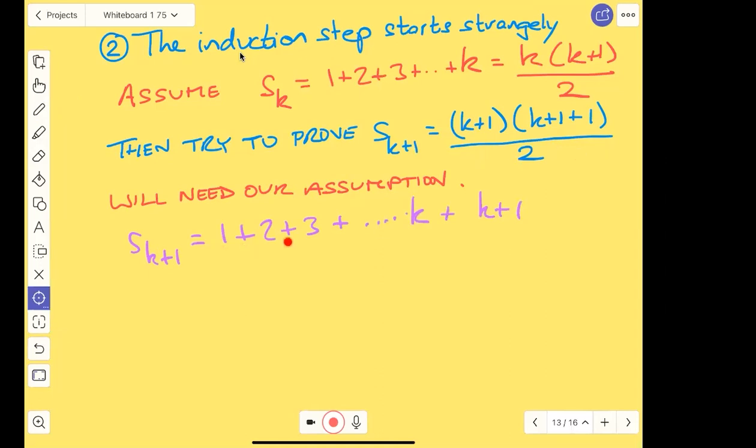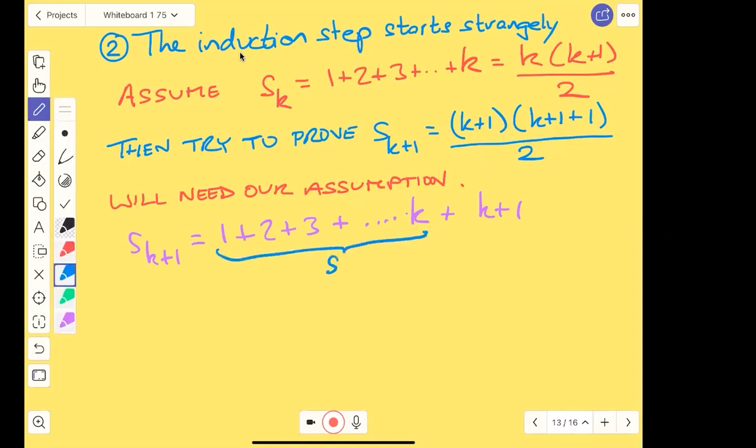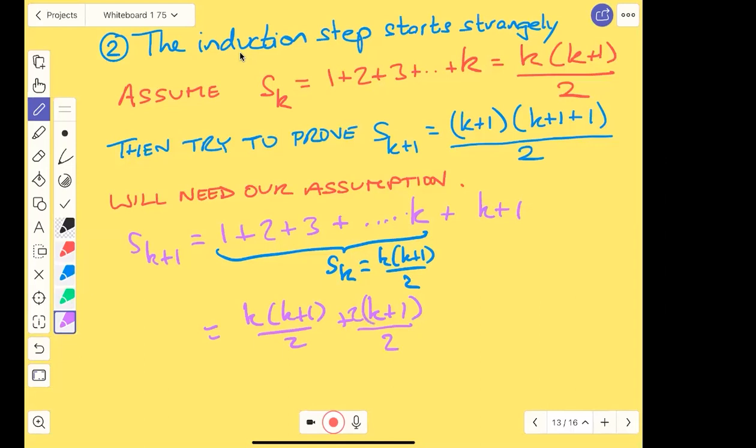But this is the sum up to k, 1 plus 2 plus 3 all the way up to k. So that we have assumed is k times k plus 1 over 2. So therefore, S of k plus 1 is going to be k times k plus 1 over 2 plus k plus 1. And now to combine that, I'm going to divide this by 2, multiply all of it by 2, I need brackets.